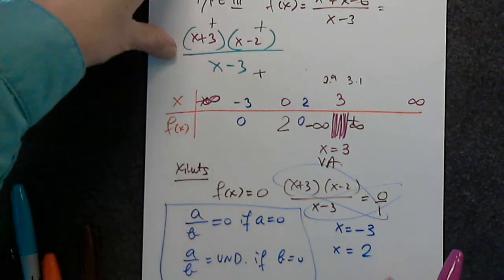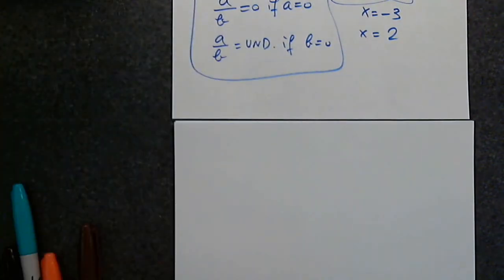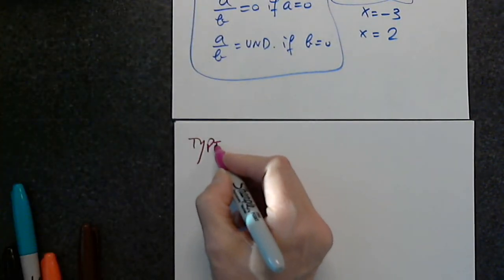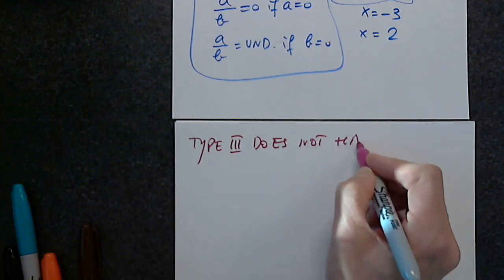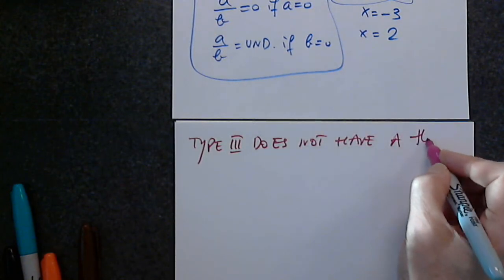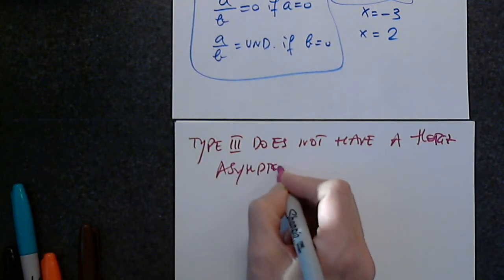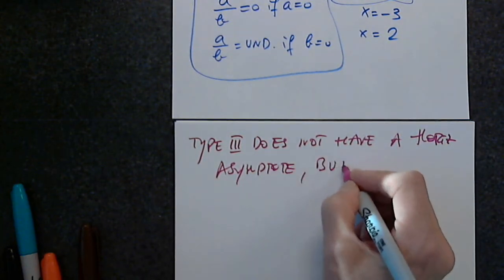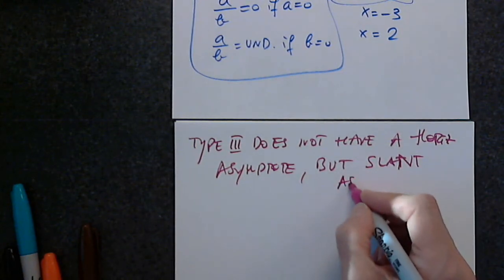So finally, we know that this function will not have, let's write this down, type 3, does not have a horizontal asymptote, but slant asymptote.